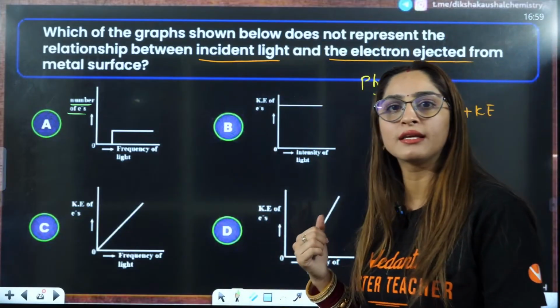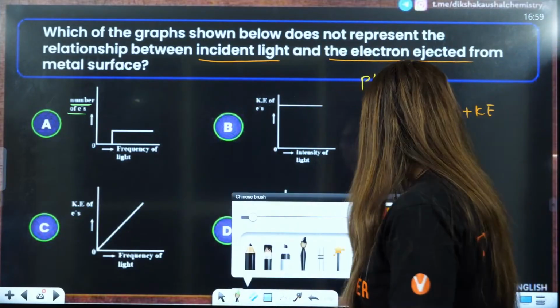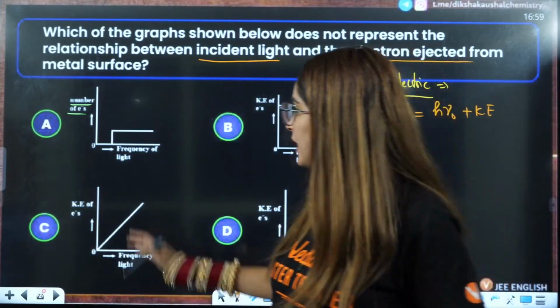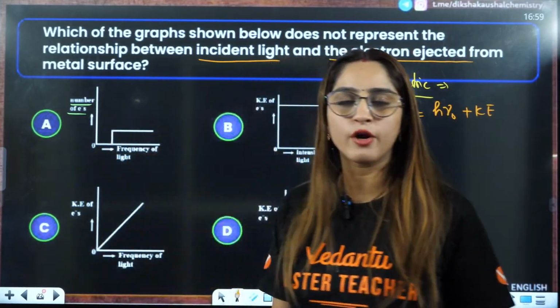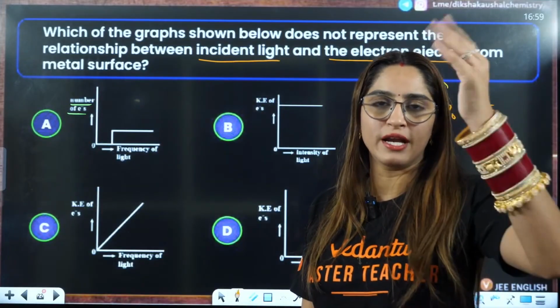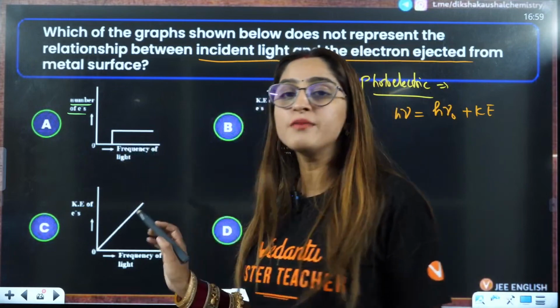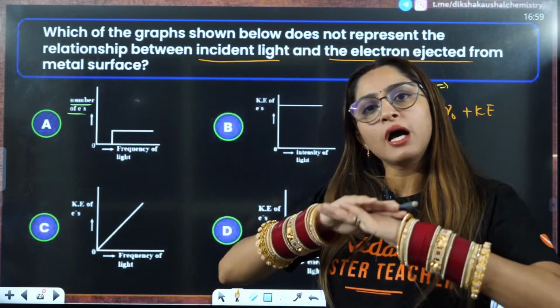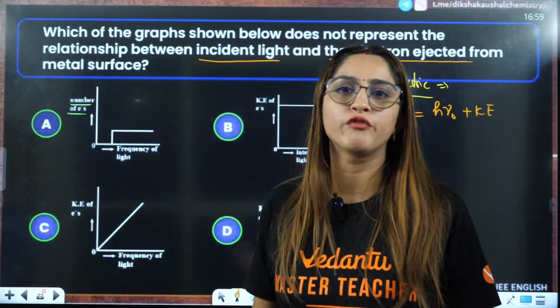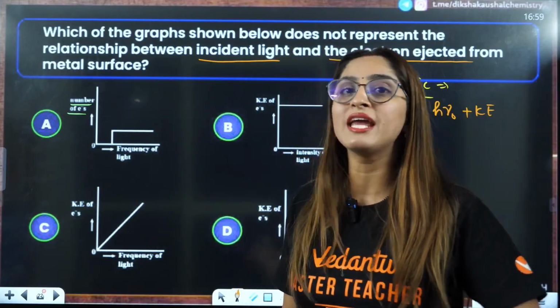Can you tell me the reason behind that? See, when you are increasing the frequency, the number of electrons are also increasing at that point. But at one point, they will become constant. The number of electrons will not vary with the frequency of light, because now you have reached that point.